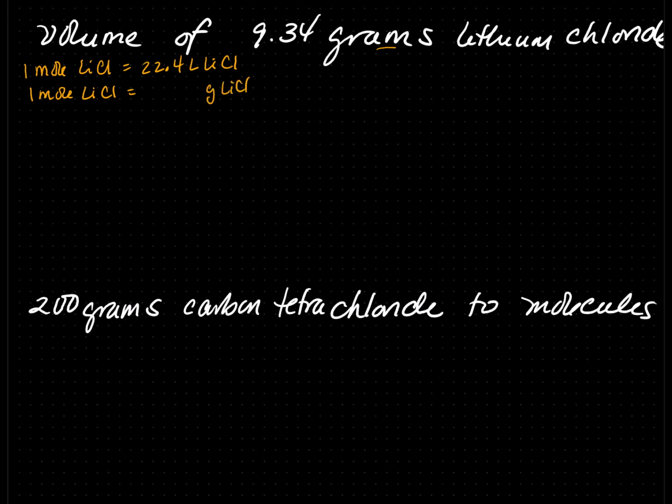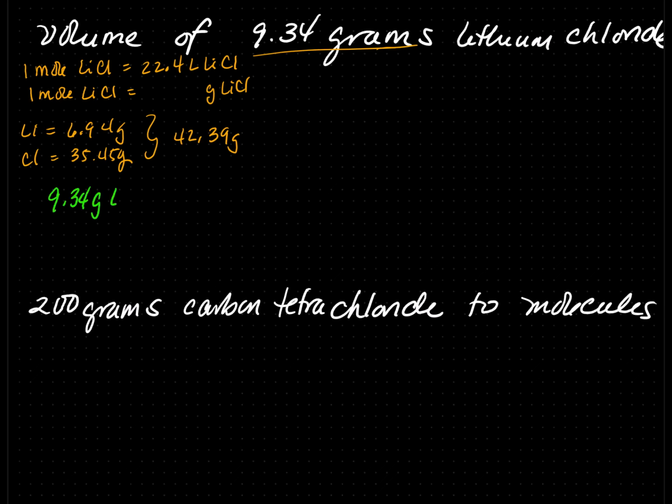So we have 1 lithium. 1 lithium is 6.94 grams. We have 1 chlorine, which is 35.45 grams. If I add this, it is 42.39 grams. So we're going to start with what's given, which is 9.34 grams of lithium chloride.